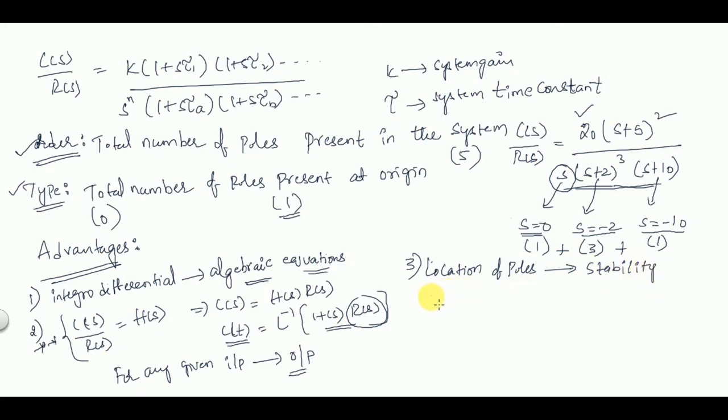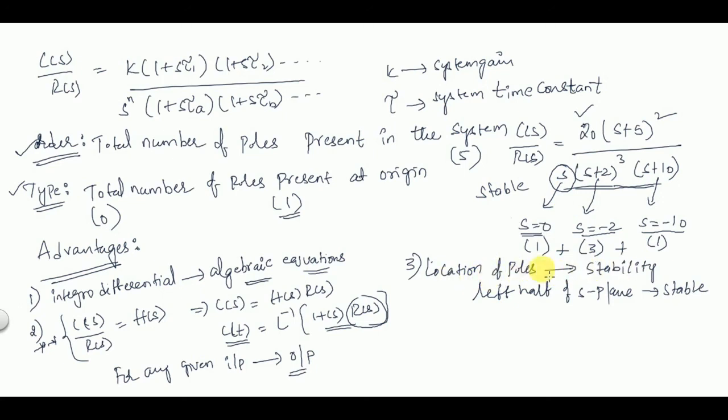We know from Laplace transform that if all the poles lie in the left half of S plane, then the system is going to be stable. This is a stable system because all the poles lie in the left half of S plane.